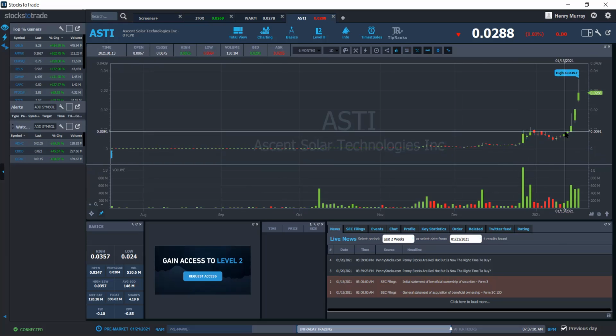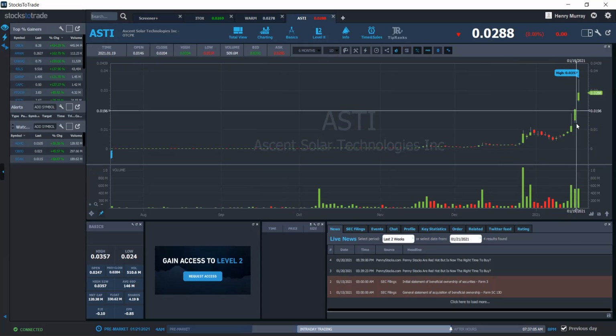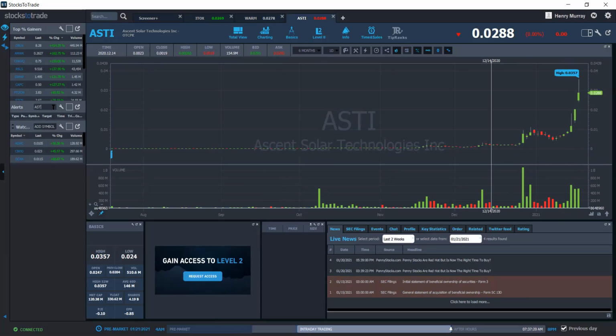Gradually uptrended. All right, having the first big green day right here and now spiking for 3 days. I'll add this one to my list. It seems overextended, so it could create a morning panic for me to buy into the bounce. ASTI, adding to my list.